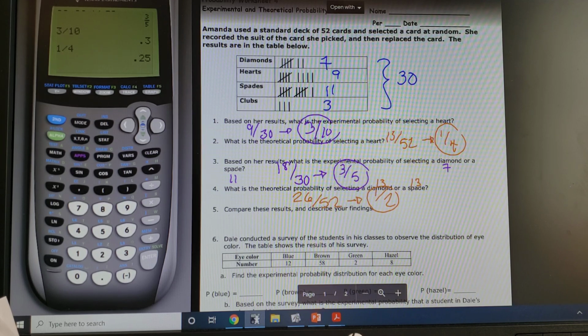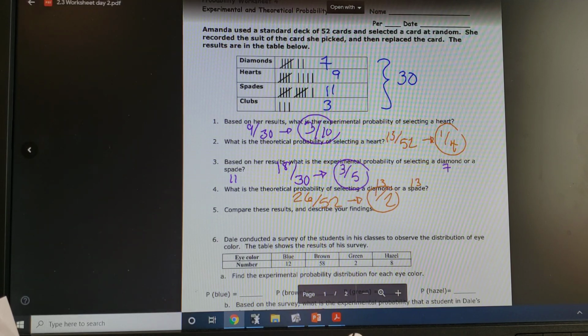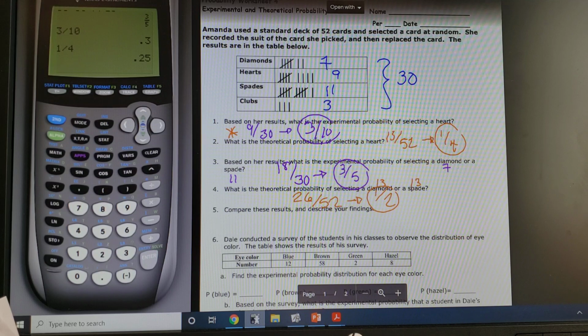I'll put a star there to show it had a better chance of occurring. Alright, now let's see the spade one and the heart one. We'll compare those two. So 3/5 is 0.6 versus 1/2, which is 0.5.